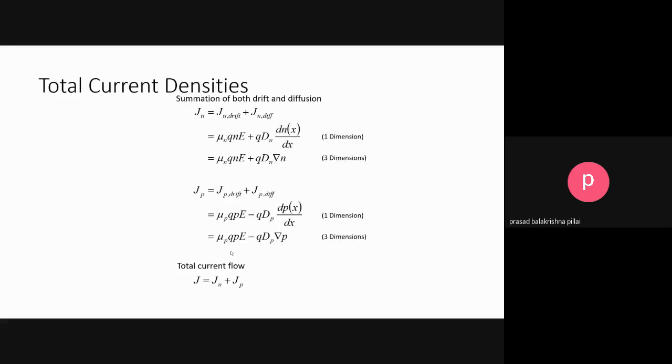So what is the relationship between the electric field and the potential? E equals minus dV by dx. And what is the relationship between the potential and energy?